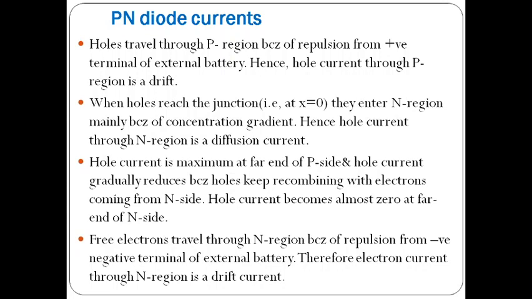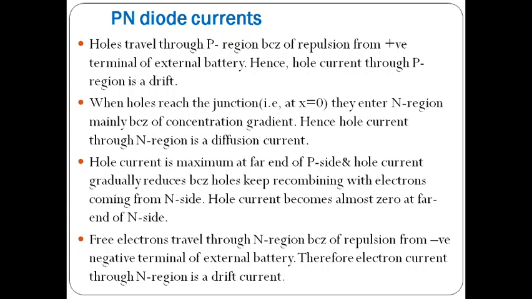So we are mainly considering the concentration gradient. At x equals 0, at the junction, the holes are moving into the N region because of the concentration gradient, due to the diffusion process. Hence, the hole current through the N region is called diffusion current.